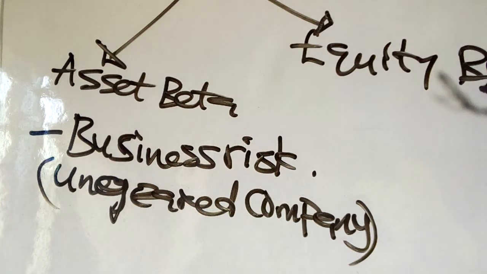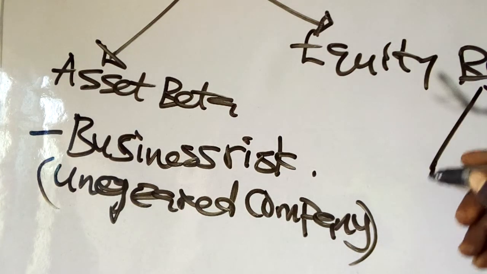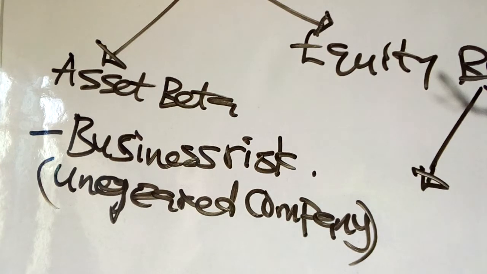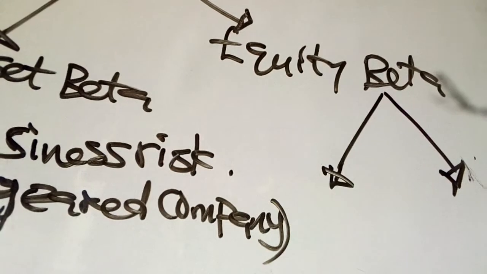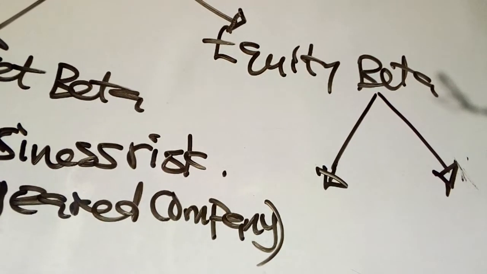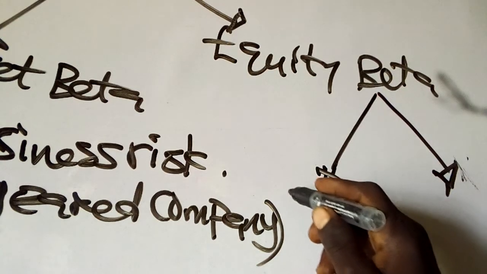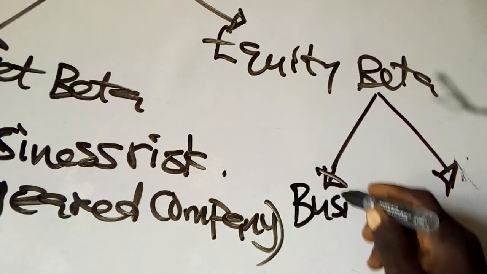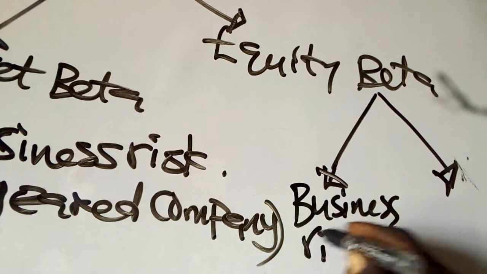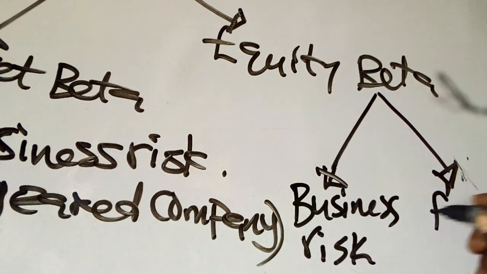Equity beta is used for a geared company, meaning that anytime you see an equity beta, you know that the business is geared. So that means the business is faced with both the business risk and financial risk.